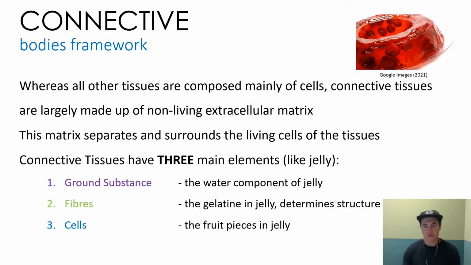The more fibers you've got, the more solid it will be, a bit like bone. The less solid it will be, the more liquidy that matrix is, like blood. Both are examples of connective tissue. And then you've got, in this example, jelly with fruit in it. And these pieces of fruit just represent cells in connective tissue. And you'll see that they're suspended within this extracellular matrix and not completely packed tightly.